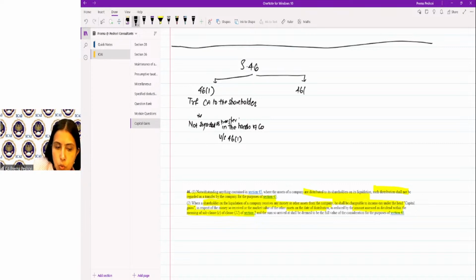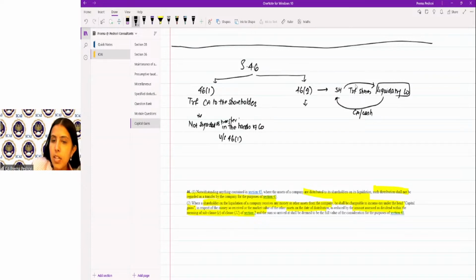So 46(2) provides that if the capital asset is distributed or money is distributed to the shareholder of the liquidating company. So in this case, what the shareholder is doing is, shareholder is transferring the shares, right? The shares are getting extinguished. So transferring the shares to the liquidating company, right? And the liquidating company in turn is giving capital asset or cash.